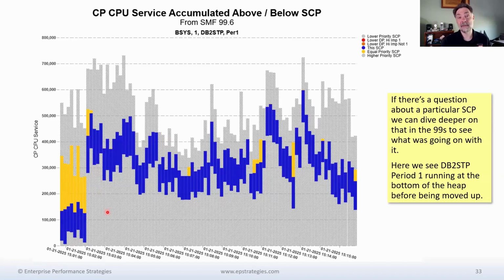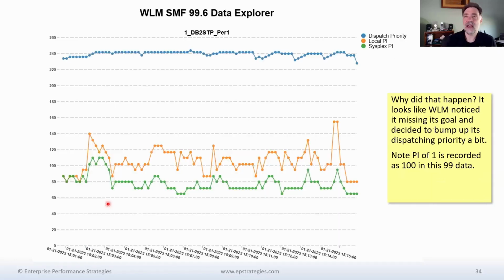That the work that came in at a dispatching priority below this work, which in this case would be goodness, because that protects this particular workload. So it basically moved up. Now, did it move up because WLM moved it up, or did it move up because the work that came in was below it? Well, we can actually look at that too out of the 99s.